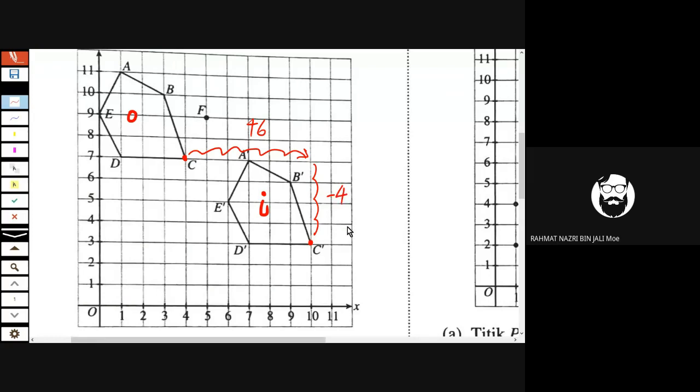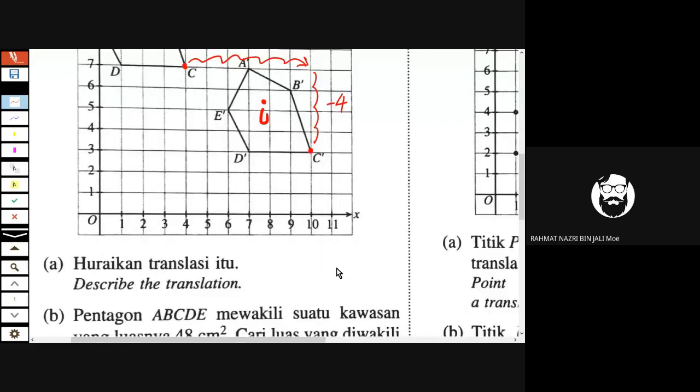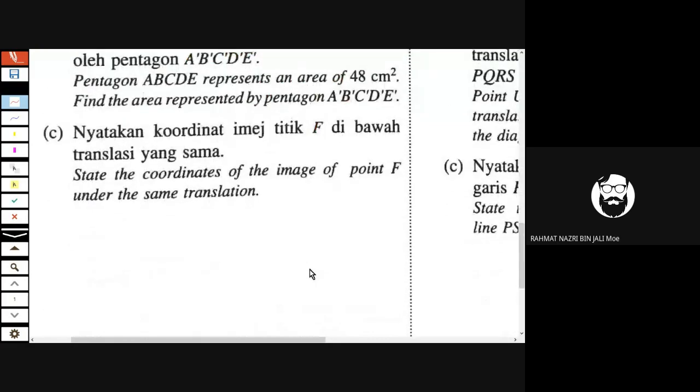Di jawapan kita dapat translation 6 negative 4. Boleh tulis di bawah. Jawapan A. The pentagon has the transformation with translation 6 negative 4.